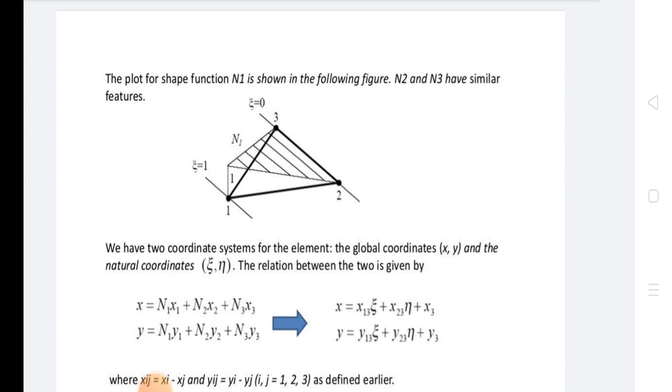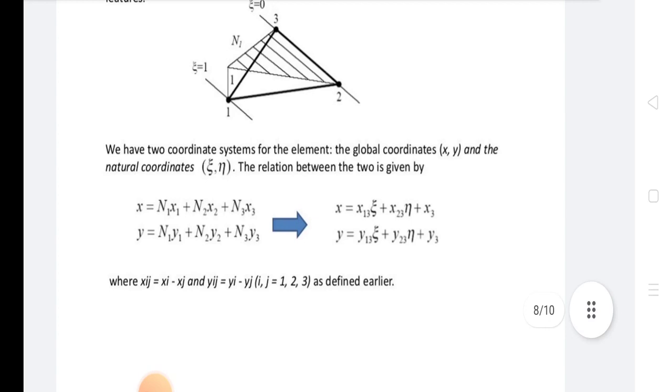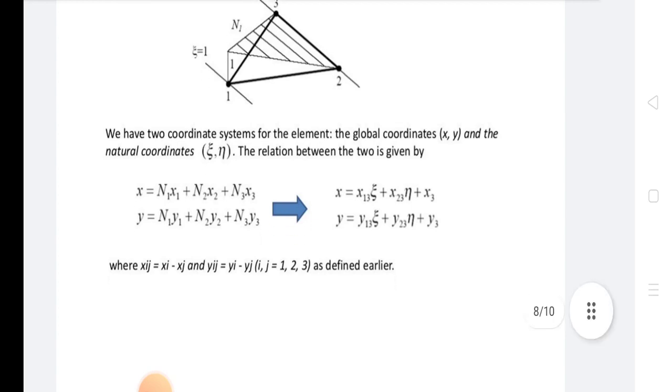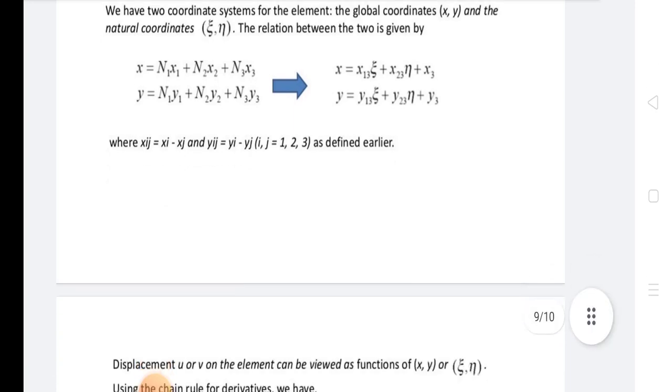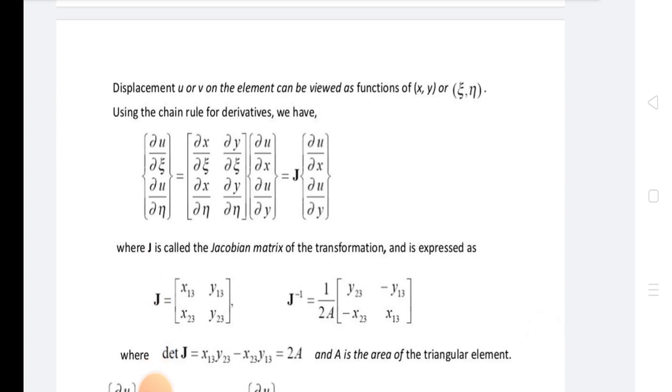So x is equal to N1 x1 plus N2 x2 plus N3 x3, y is equal to N1 y1 plus N2 y2 plus N3 y3, where xij is equal to xi minus xj and yij is equal to yi minus yj, where i, j is equal to 1, 2, 3 as defined earlier. Displacement u or v on the element can be viewed as a function of x, y. Using the chain rule for derivatives we have the following equation.